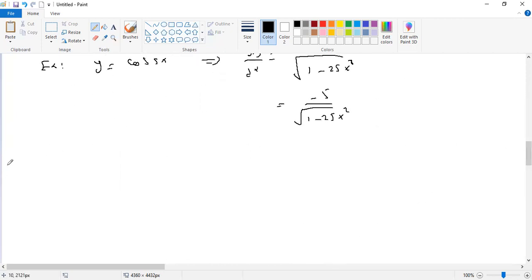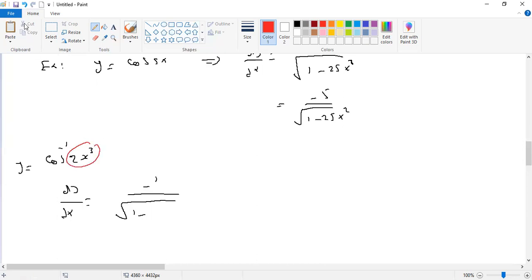Another example. Let us say y equals cosine inverse of 2x cubed. So now dy dx equals negative 1 over the square root of 1 minus the angle squared. What is the angle? It is 2x cubed. The square will be 4, and x cubed squared will be x to the power 6. Why?